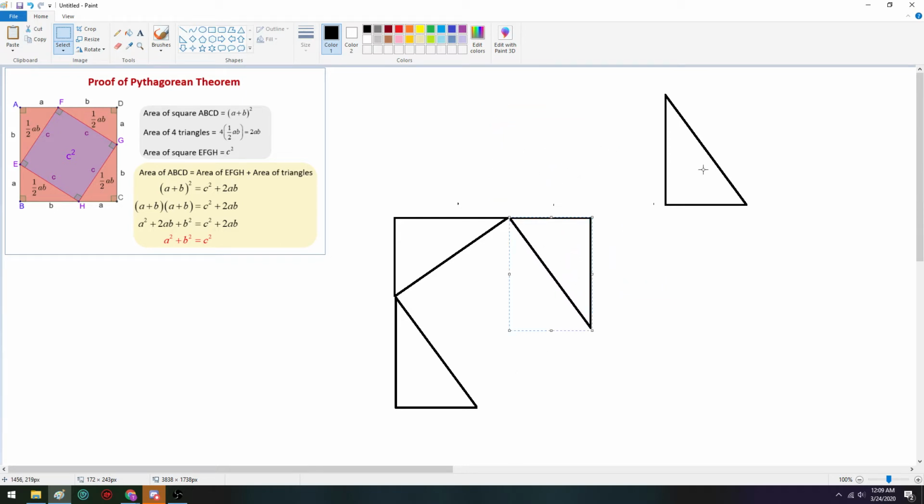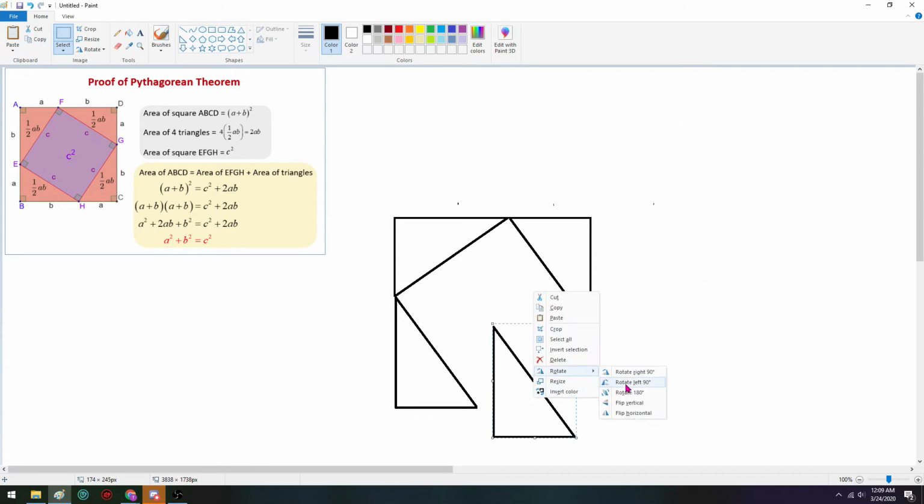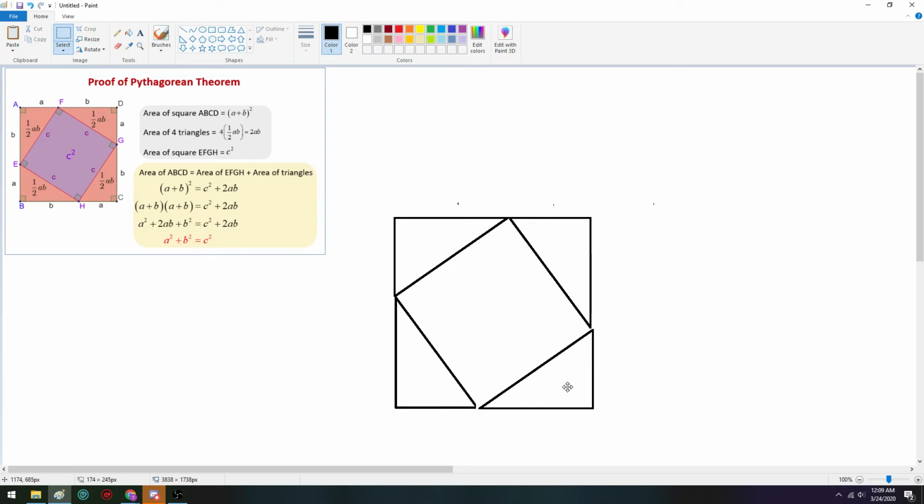Boom. And the last one, we move, and rotate left 90, and our four triangles make a big box and a small box in the center. So this is where we get a squared plus b squared equals c squared, because we can form these boxes.